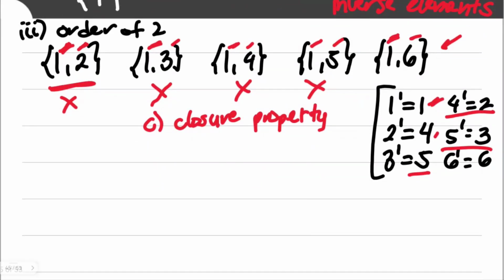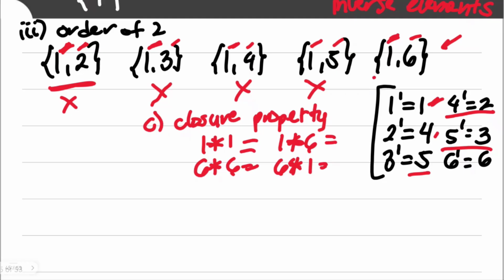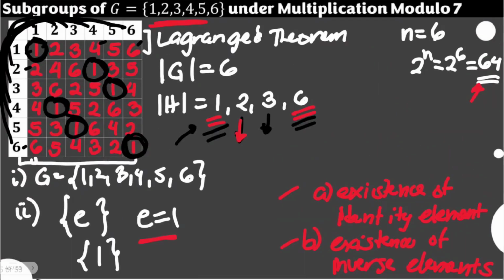For closure property, this tells us that if we operate 1 to 1, 6 to 6, 1 to 6, and 6 to 1, would the result be either 1 or 6? If the result would be other than 1 and 6, then we drop that as well because closure property is not satisfied.